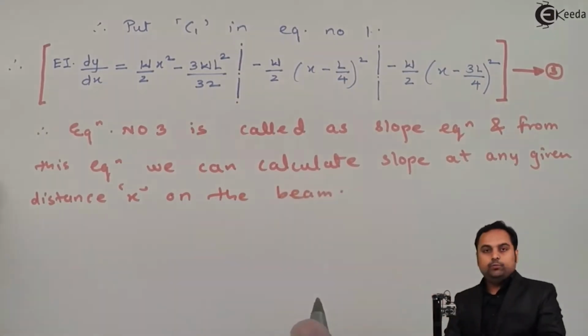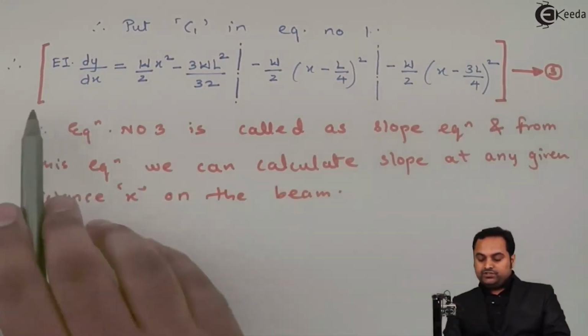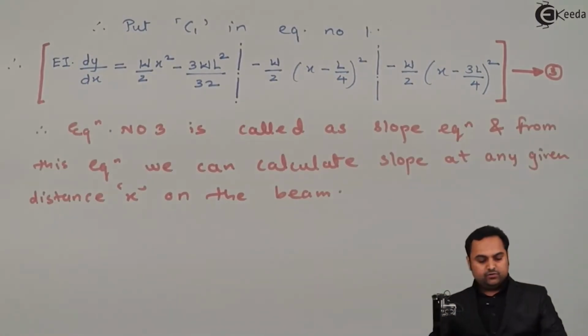So we can find out slope from this equation, which is equation number 3rd, at any given location.